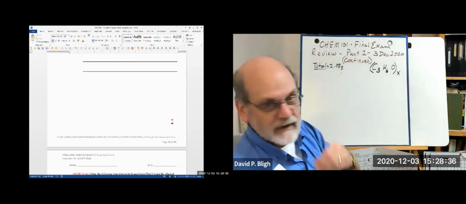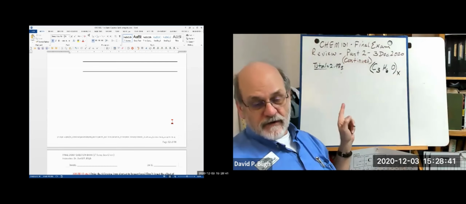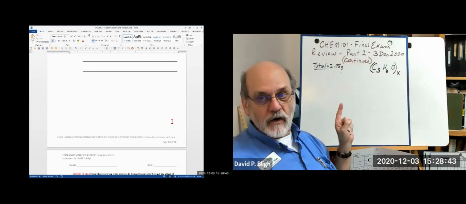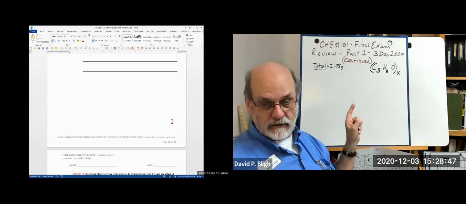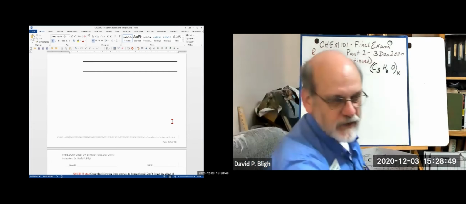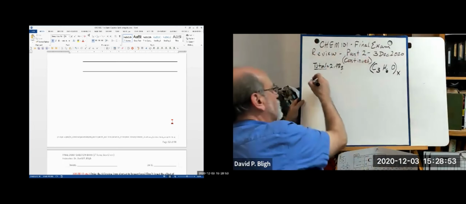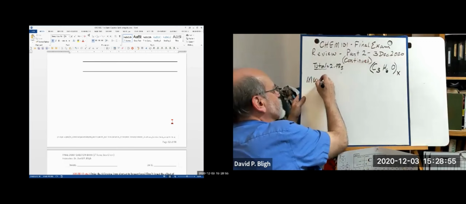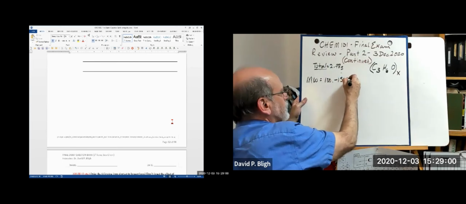What's that X? Well, we need another piece of information. We need to know what is the molar mass of the molecule, of the compound. And we're given a range between 100 and 150. So the molar mass is between 100 and 150 grams per mole.